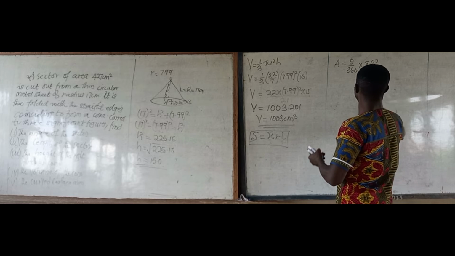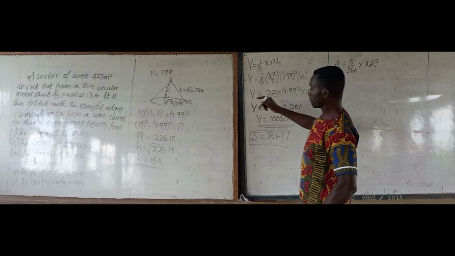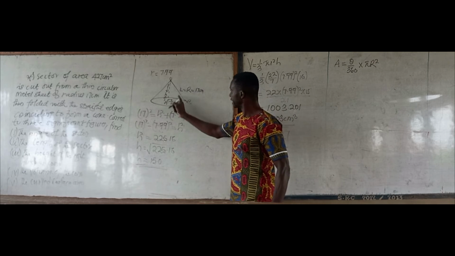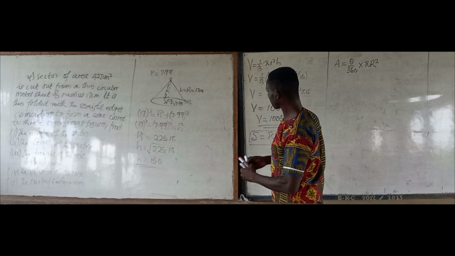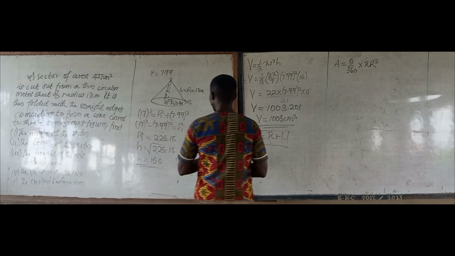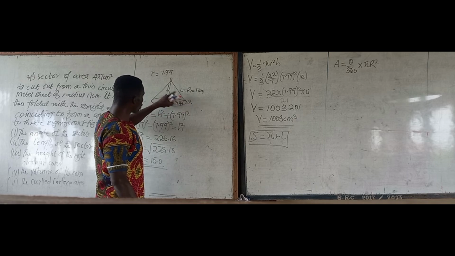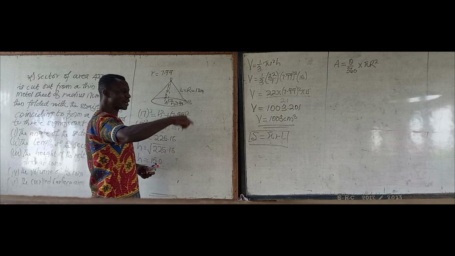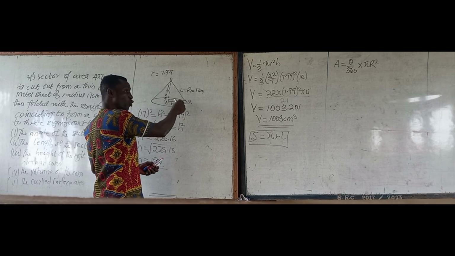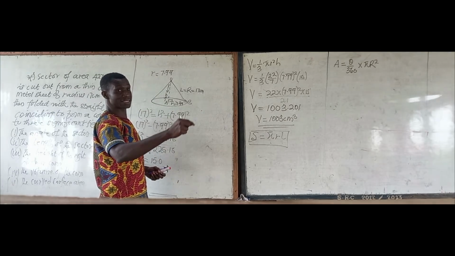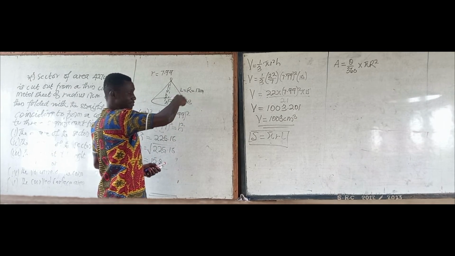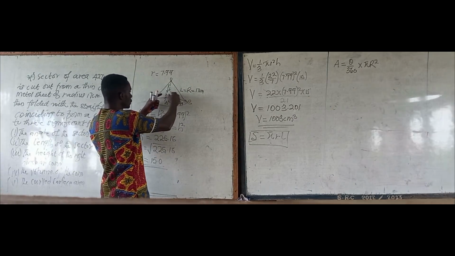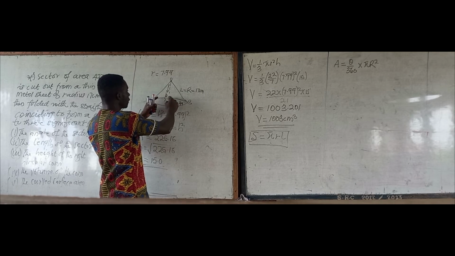Part of the sector forms the base of the cone, and the length of that arc of the sector forms the circumference of the cone.